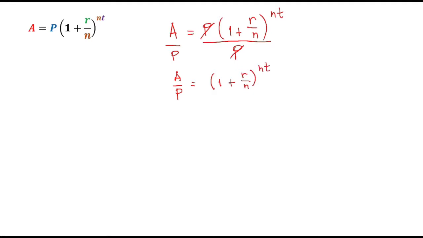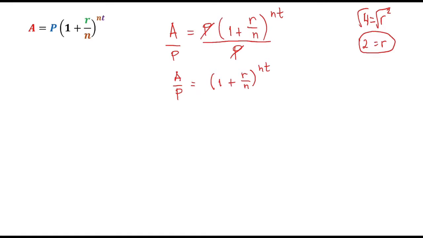Now, as you can see, we have here a power, an exponent. For example, we have 4 is equal to R squared. How do we find R? We take the square root, so R is equal to 2. In this case, we have to raise the power into NT.